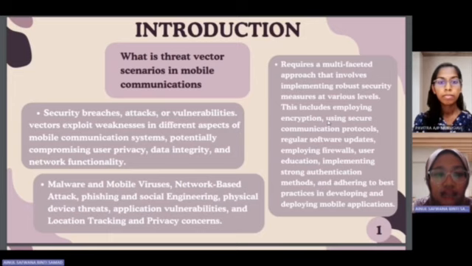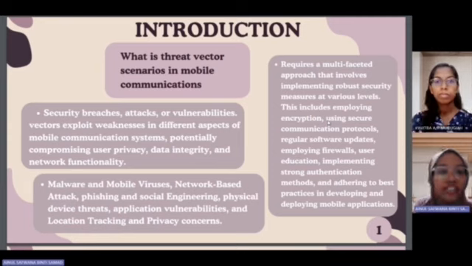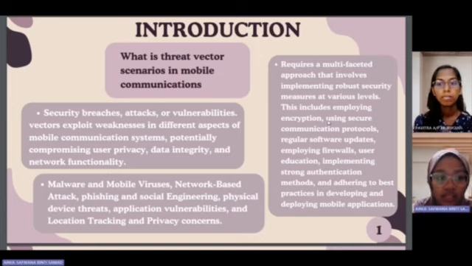There are some prevalent threat vector scenarios in mobile communication, which are malware and mobile viruses, network-based attacks, phishing and social engineering, physical device threats, application vulnerabilities, and location tracking, and also privacy concerns. Mitigating these threat vectors requires a multifaceted approach that involves implementing robust security measures at various levels.